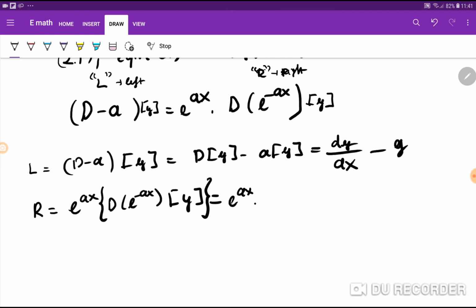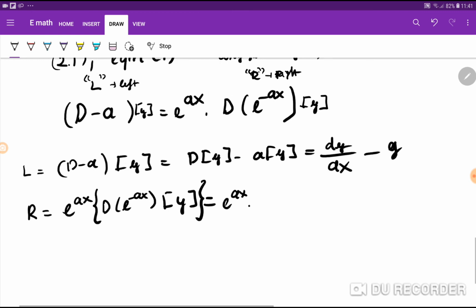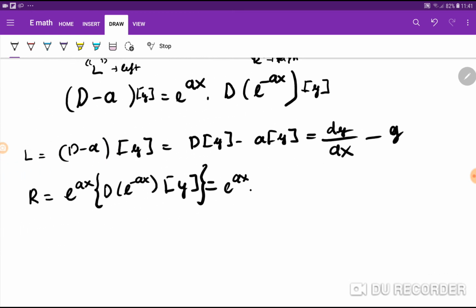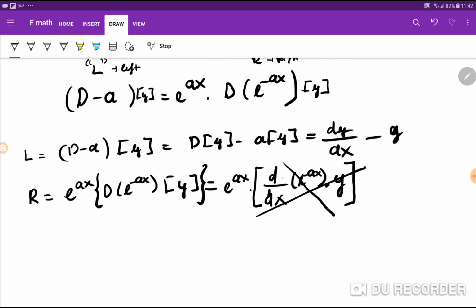Okay, guys, be careful right here. At first, the first time I wrote it like this, and this is not correct. It is not correct because it's not like you take the derivative of this and then you times y.